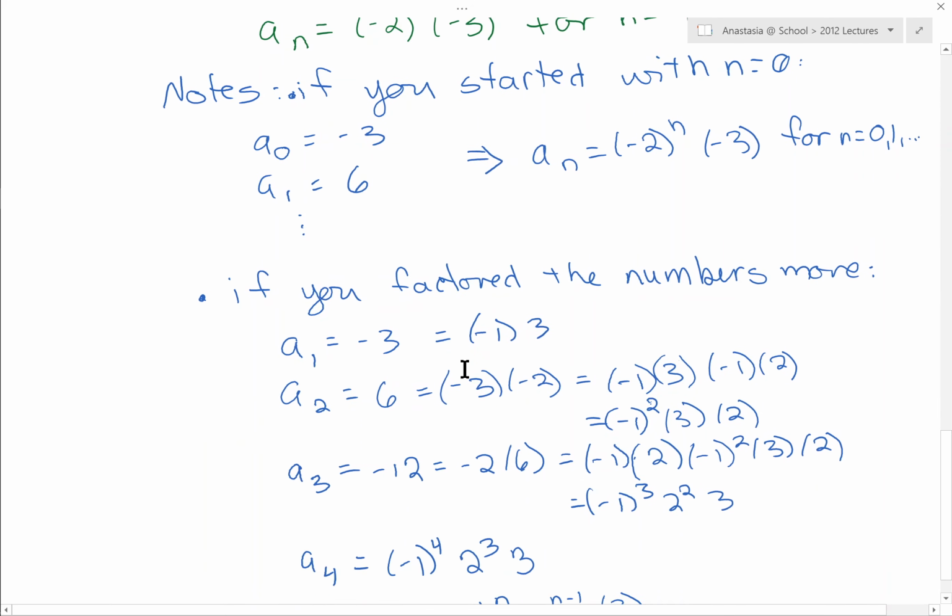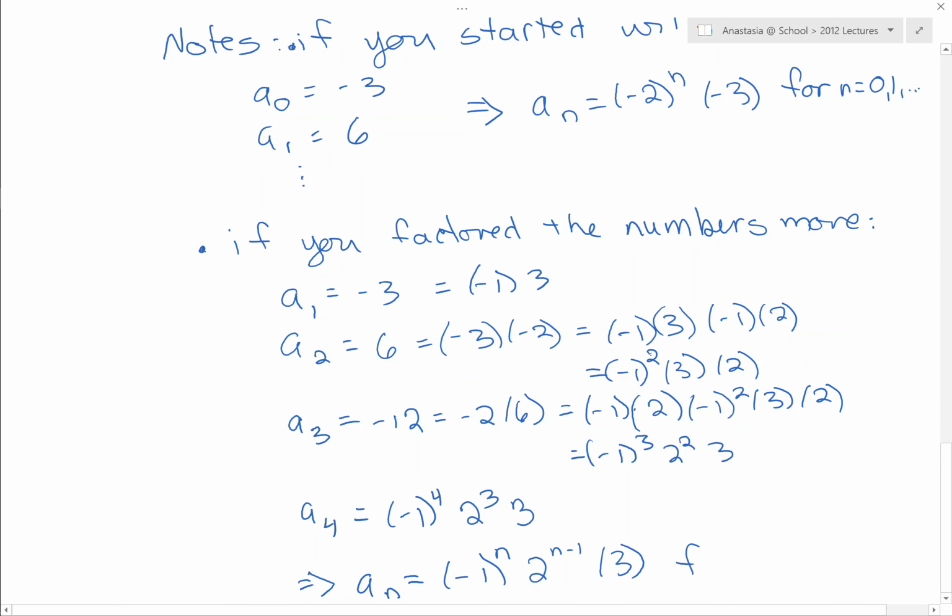You also need to make sure that you include your starting values or whatever your starting index is, okay? Because the number will not necessarily make sense without that. Or, as it was shown up here, you may have a slightly different formula if you start with a slightly different starting index number, okay?